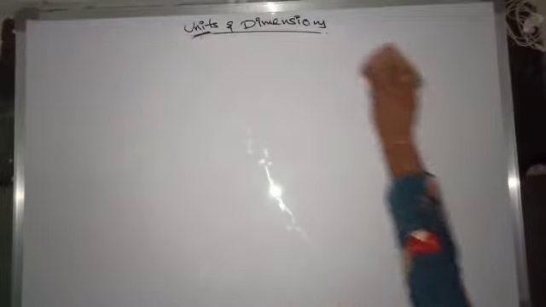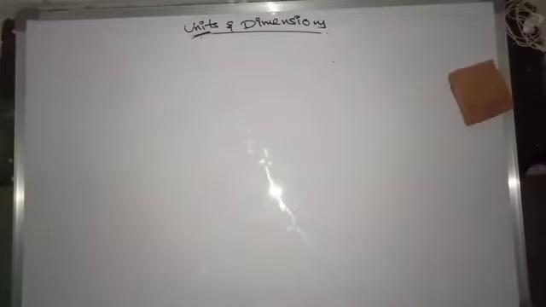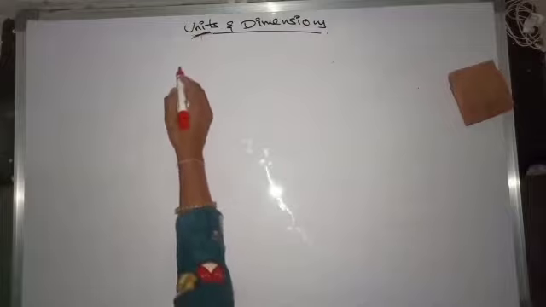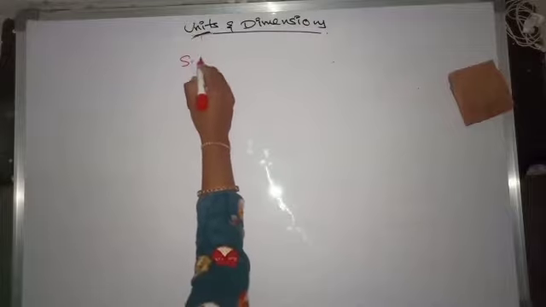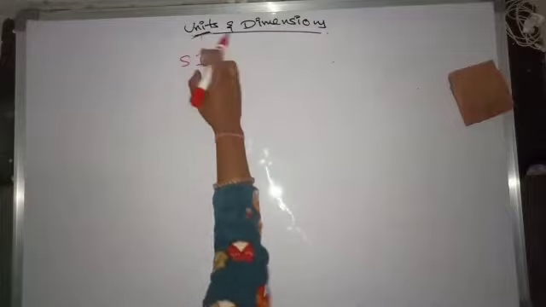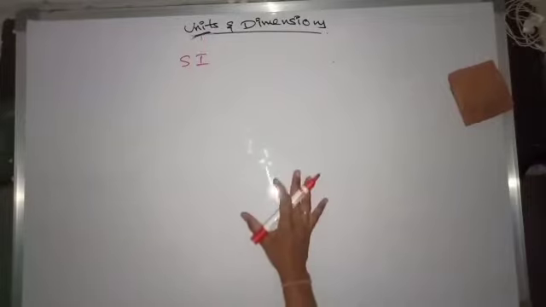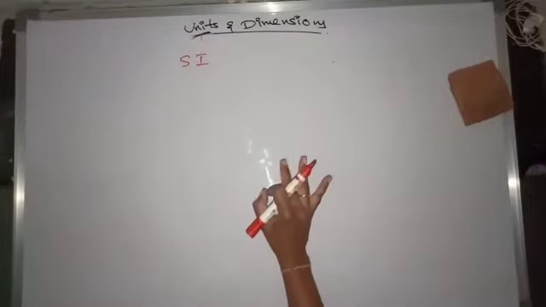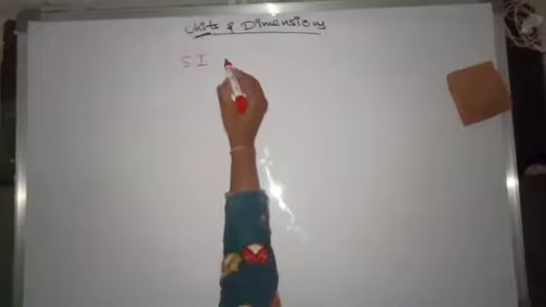And what are those 7 fundamental physical quantities? In the SI system, SI base quantities are the fundamental quantities, and fundamental units are known as base units.